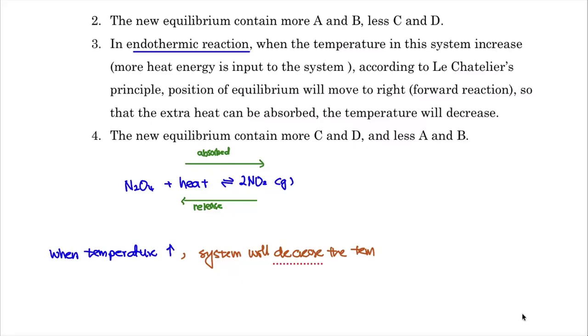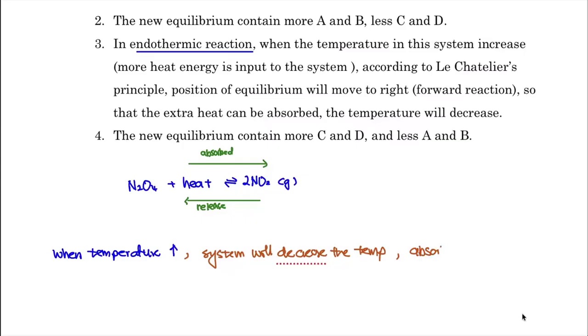As a result of the system decreasing the temperature, the system will absorb more, which is the excess heat, and it will shift to the right. The system will shift to the right.